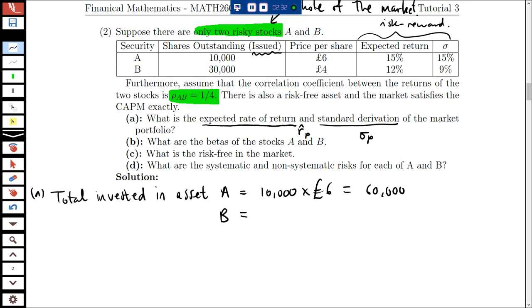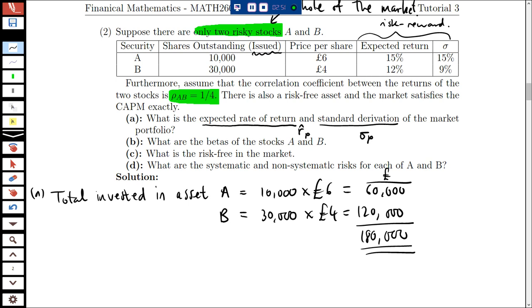And similarly in B, 30,000 shares have been issued at £4 per share, which is £120,000. So the total amount invested in the market is £180,000.